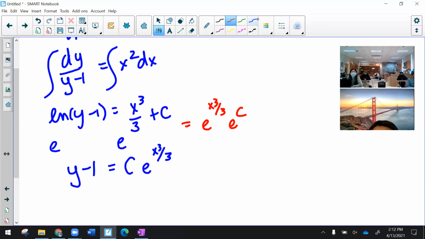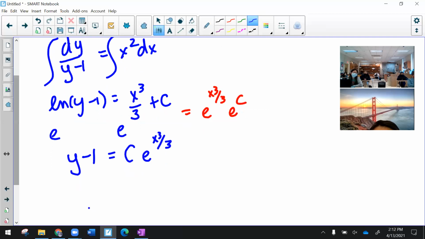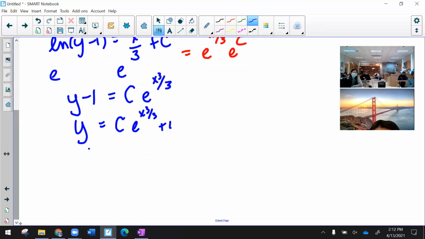I can bring my 1 to the other side. So I've got y is c e to the x cubed over 3 plus 1. And then I can use my initial condition, which says that f of 0 is equal to 3.